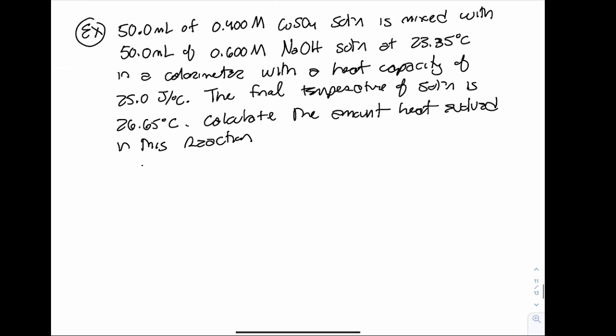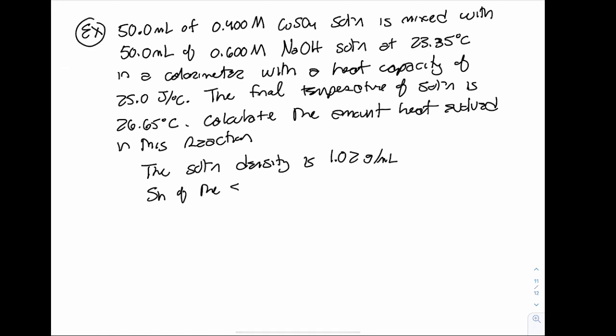The solution density is 1.02 grams per milliliter, and the specific heat of the solution is 4.184 joules per gram degrees Celsius. Which, if you remember our definition for a calorie, it was the amount of heat that we needed to raise 1 gram of water by 1 degree Celsius.